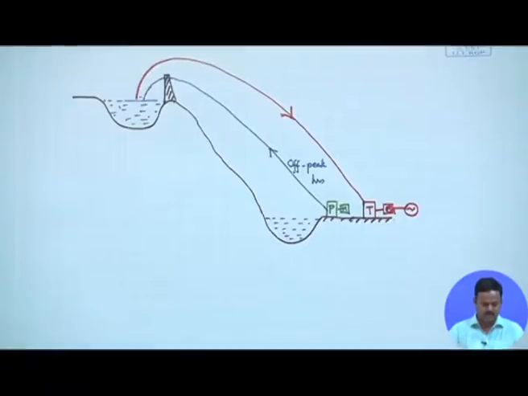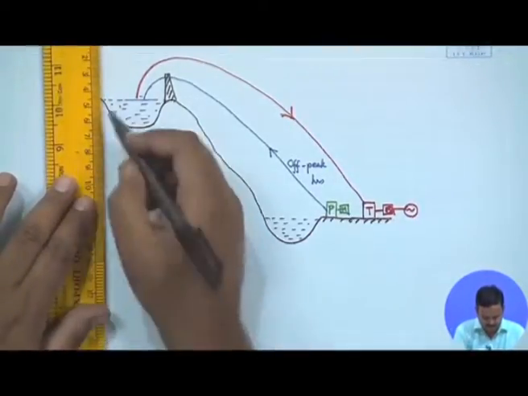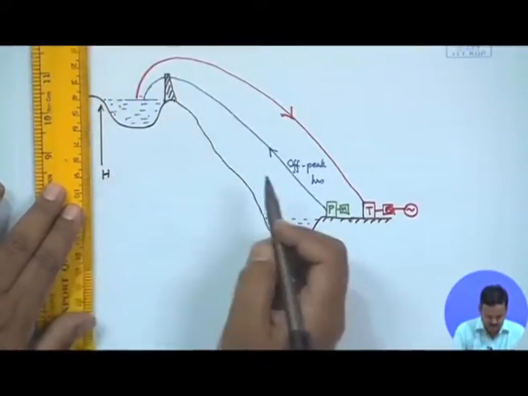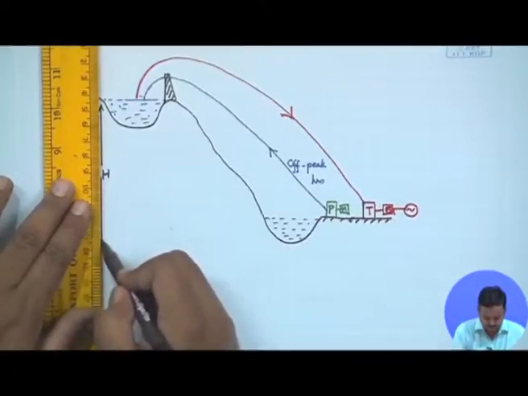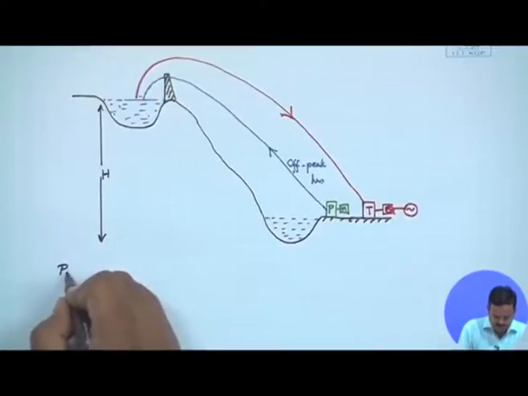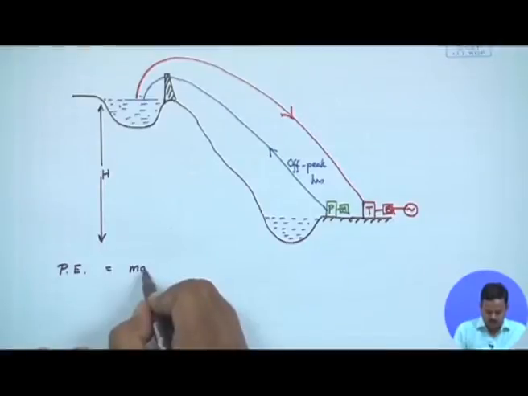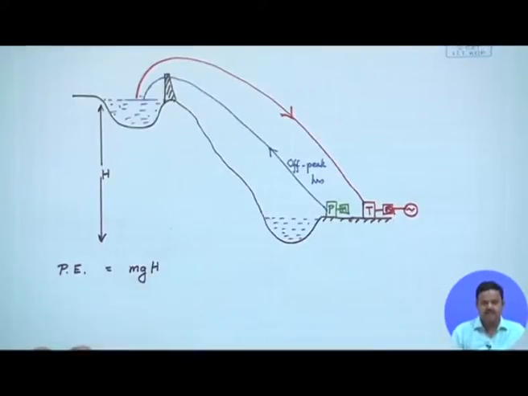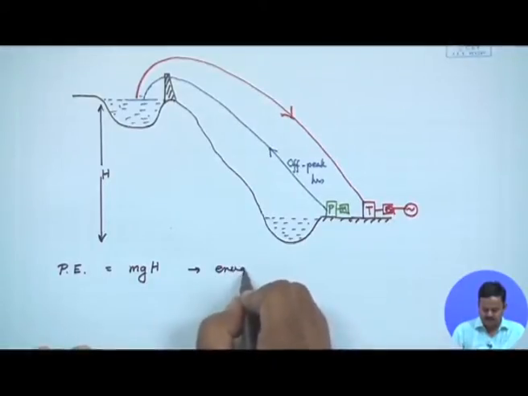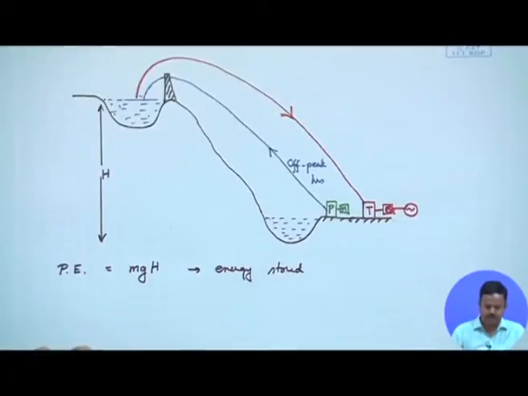So, let us do some analysis now. If I say that the height over here, or the head that the water attains, is h, then the potential energy that is stored is mgh. This is the energy stored. Clear?